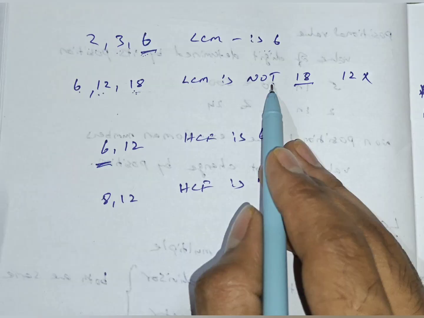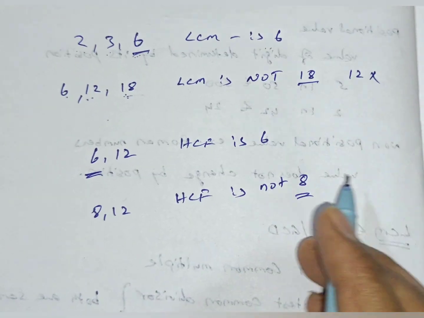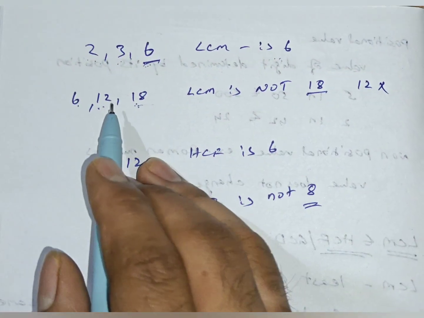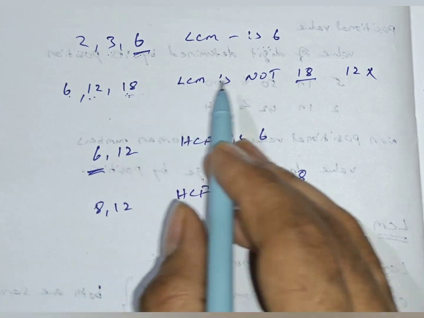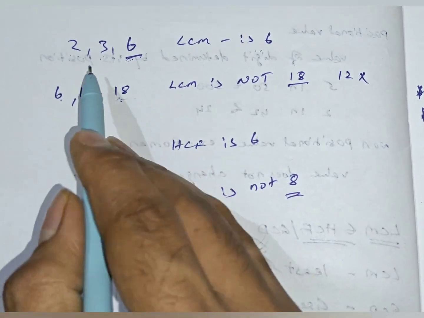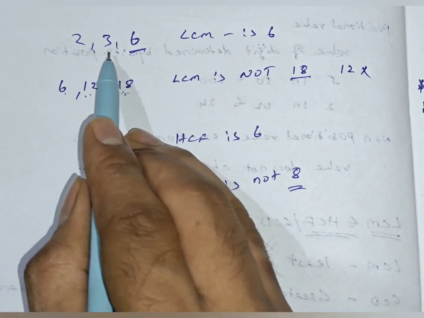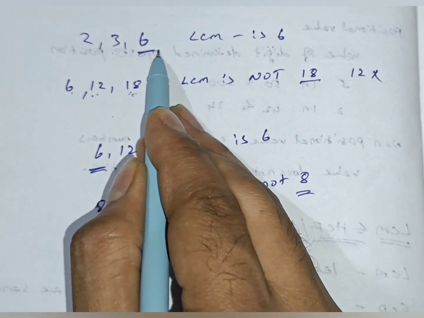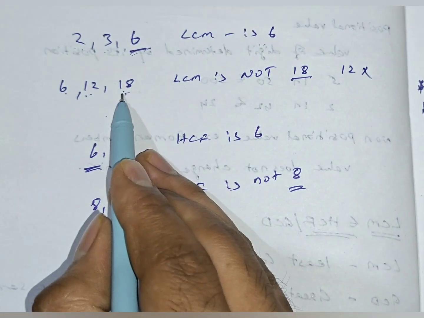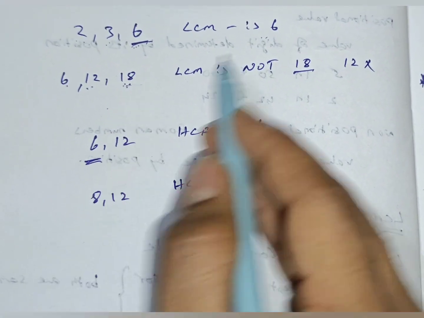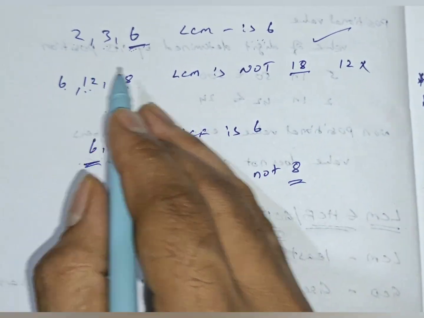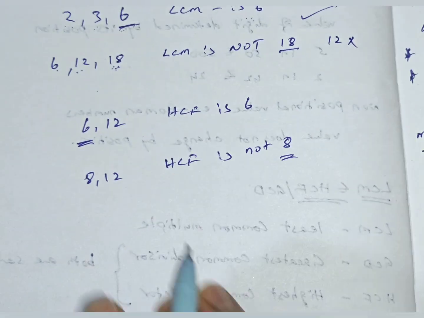So the LCM is not 18. Now recall the statement, LCM may be the highest or the greatest number in the given set. Maybe. Suppose in this example, LCM is the highest number, but in this example, LCM is not the highest number of the set. So this statement can be understood in these examples.